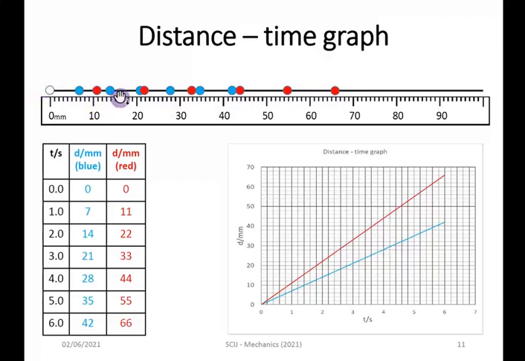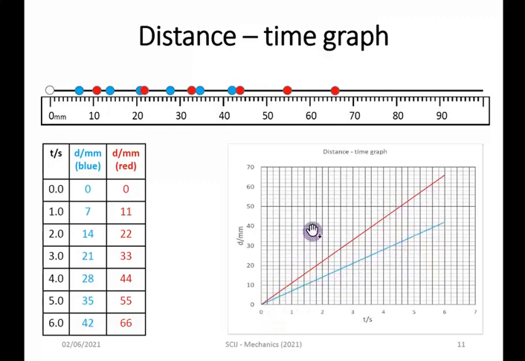So the red particle is moving faster; how do we see that on the graph? You can see clearly that the gradient of the graph for the red particle is much steeper. The gradient is higher for the red particle than the blue particle.